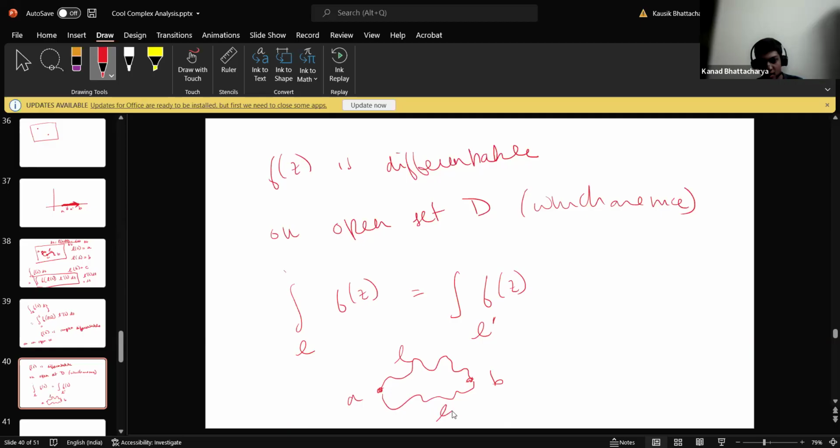So if this is L and this is L', if the function is differentiable, then this integral is actually path independent. This is the reason why these analytic functions are so fun to work with. And now I'll give a really fun geometric proof of this statement.